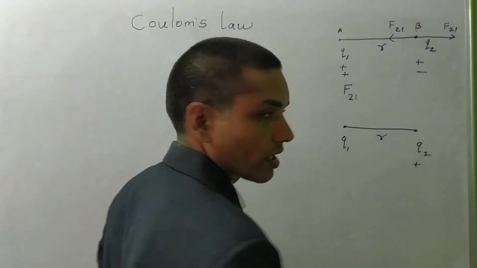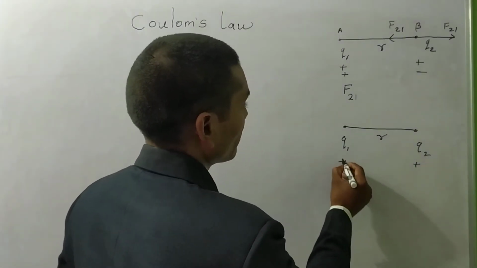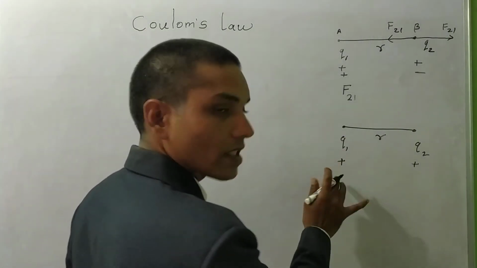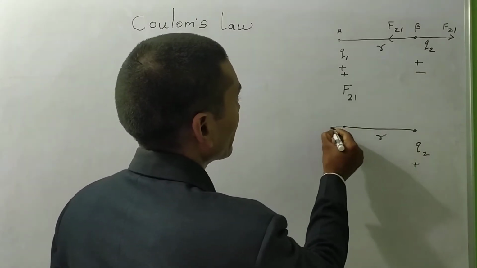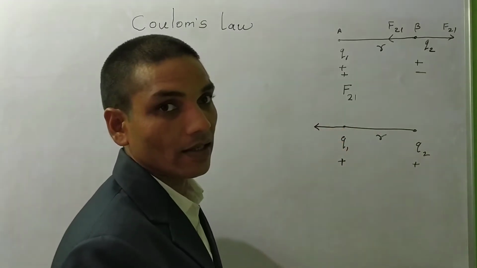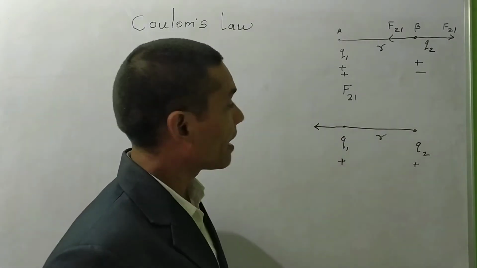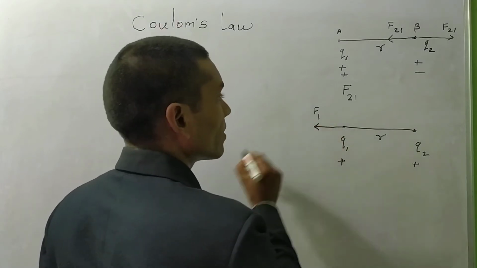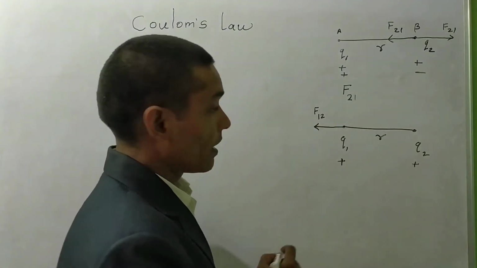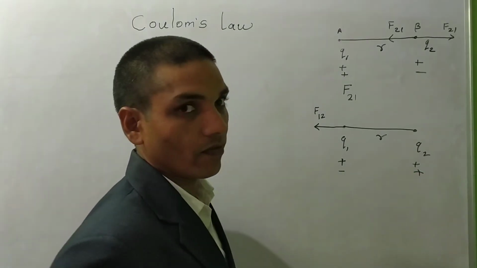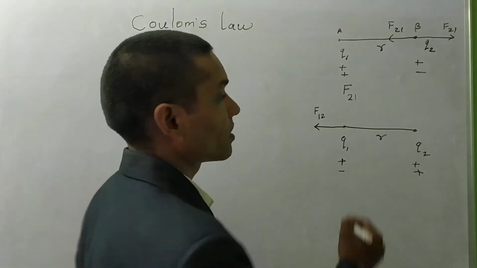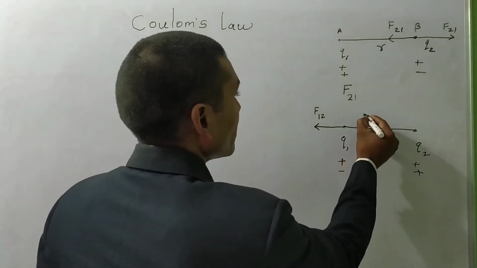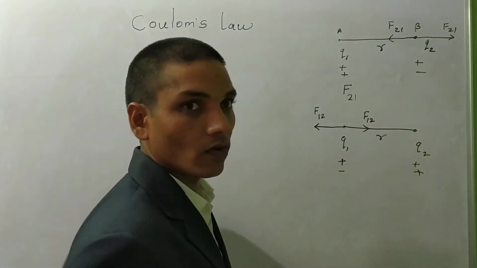If both are positive, meaning like charges, the force experienced by the first point charge, due to the second, will be along this direction. If this is negative and this is positive, then the direction of the electrostatic force will be along this direction. This will be F12.